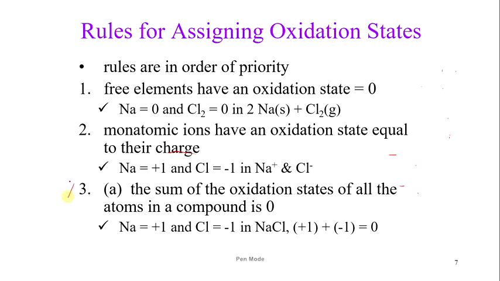Rule number 3, as you see here, we may have more than one part, 2 parts. It says, if we are going to calculate the oxidation number of an element in a compound, we should consider that the summation of the oxidation states must be equal to 0. What does that mean?